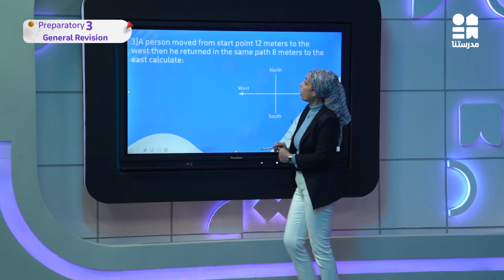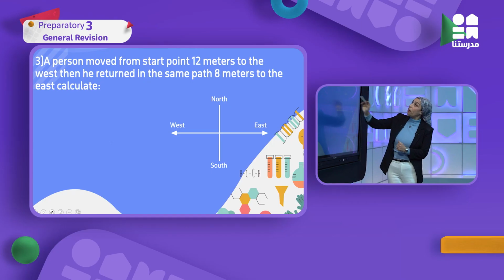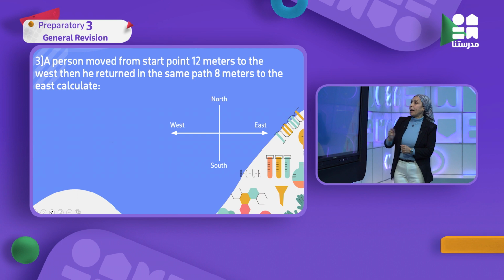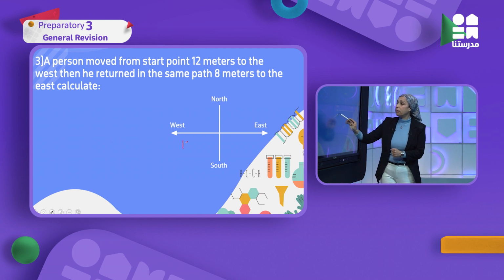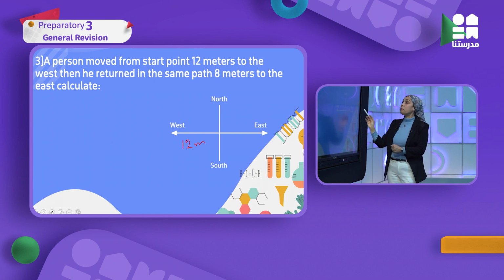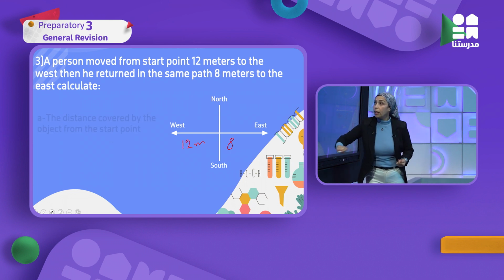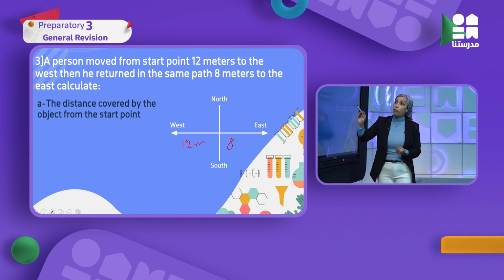Next type. A person moved from a starting point 12 meters to the west, so he walks here 12 meters to the west. And then he returned along the same path 8 meters to the east. He returned from that distance 8 meters to the east. What does he want from me? Let's see. He wants the distance covered by the object from the starting point.